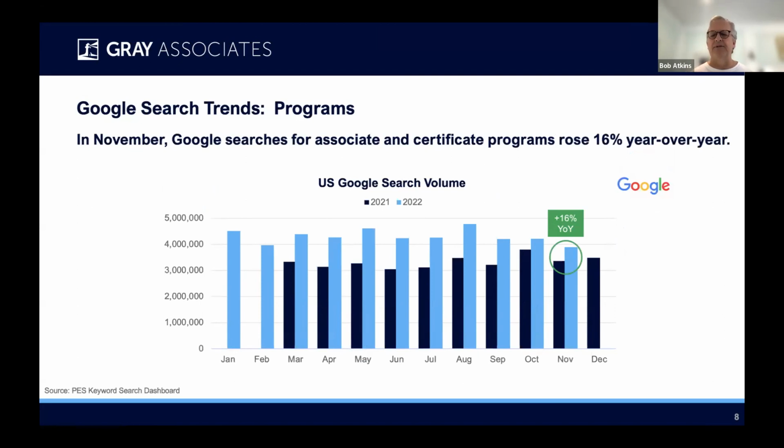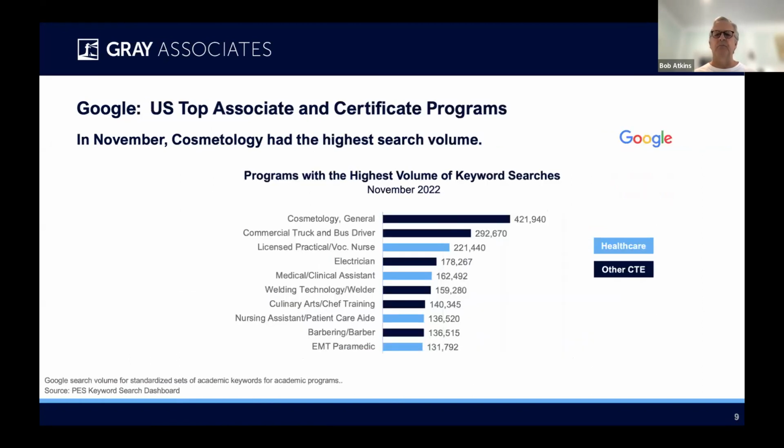It's optimistic here, given the recent enrollment trends in community colleges. We've seen this data set up in terms of Google search volume since the beginning of the year, and most recently in November, it was up 16%. So again, that doesn't mean that enrollment's going to turn up this minute, but as I look down the pipe, there are more people interested in searching for these programs than there were a year ago.